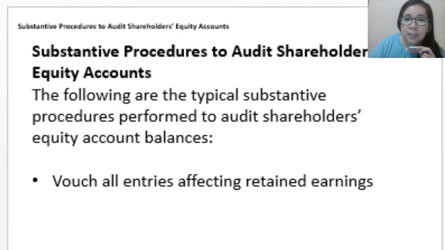Aside from that, the auditor can also do vouching. He can start from the records of the entity and then follow through to the source documents for the entries affecting retained earnings.